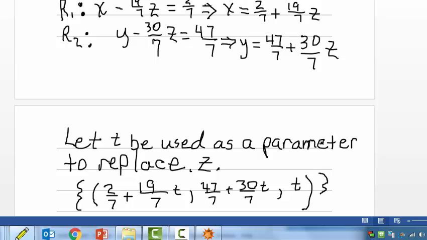So my ordered triples that solve this system will have this format. And that's what a problem looks like when I have fewer equations than variables and the system is dependent.